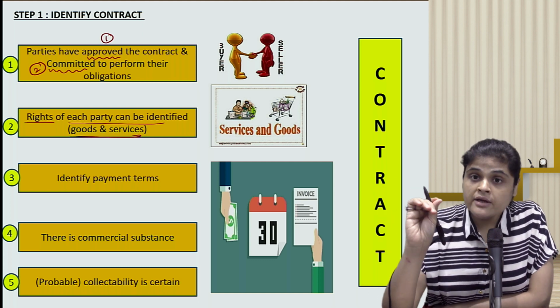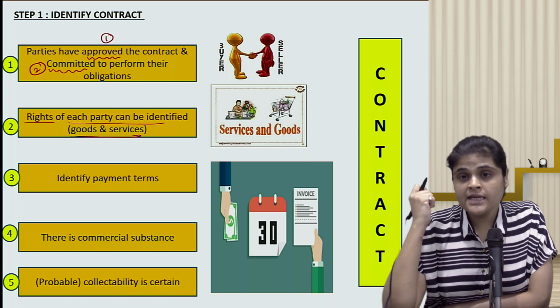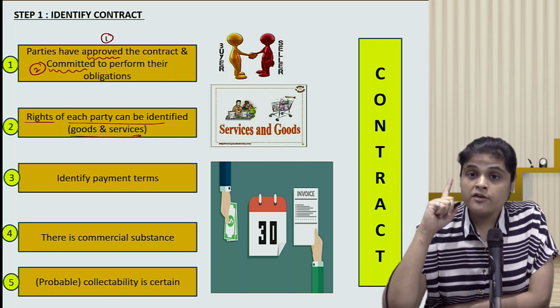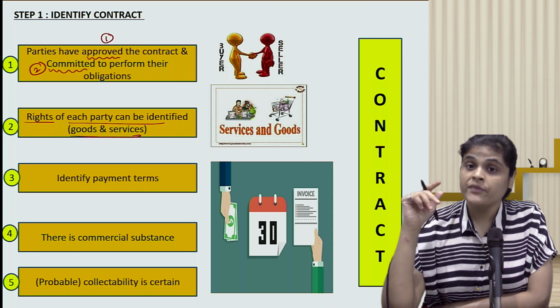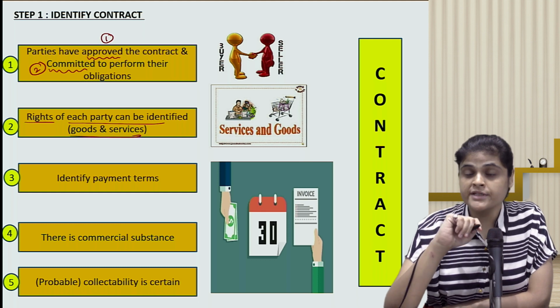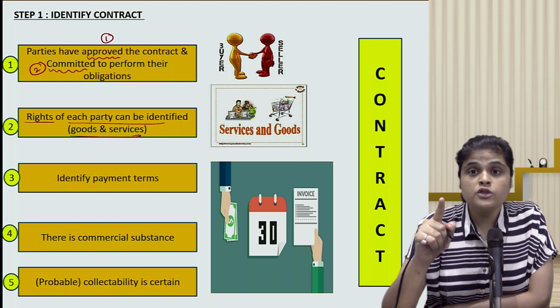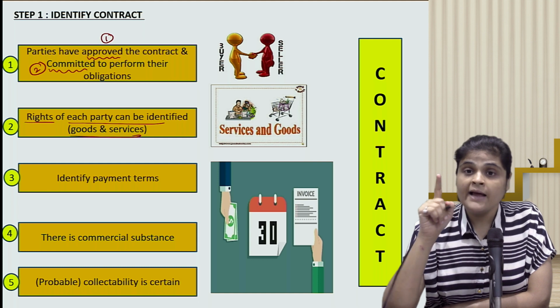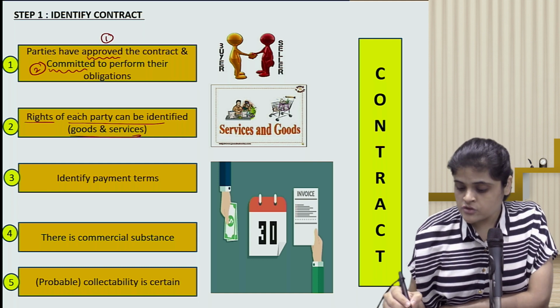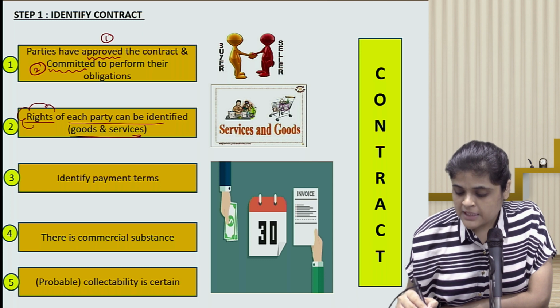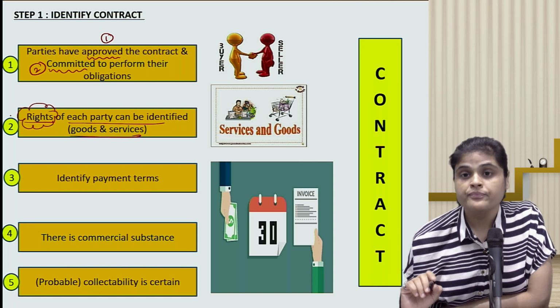Similarly, the buyer is entitled to receive goods and services. So, if both the parties have agreed to fulfill their respective promises and obligations, they are also entitled to the benefits. The buyer is entitled to receive goods and services, and the seller is entitled to receive the consideration, right? So, both the parties' rights are established.